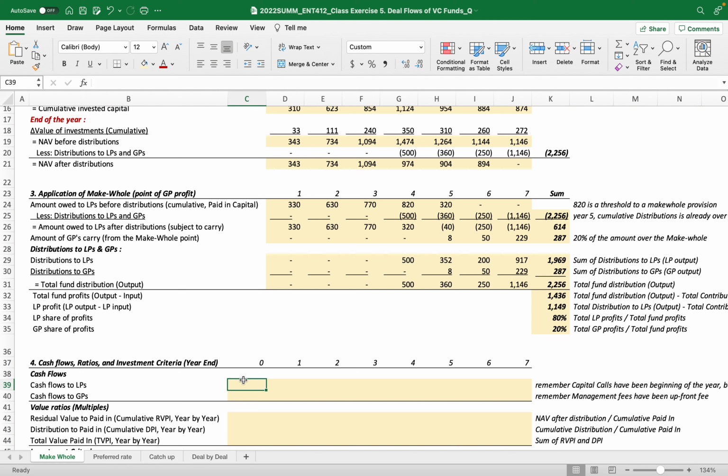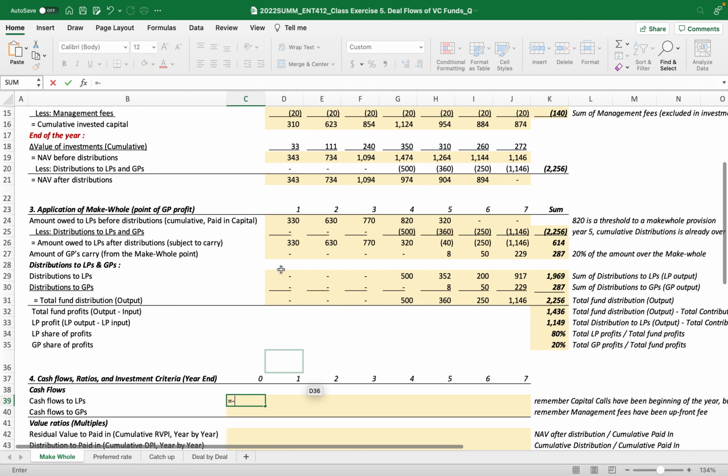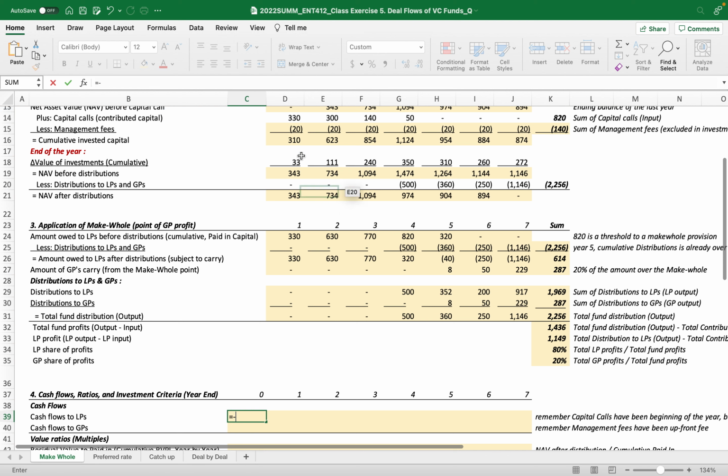So, cash outflow. Now take a look at this as a cash outflow, not inflow or outflow. Here we are going to take the capital calls. Again, this is cash flows to the LP. Where is the cash outflow? Capital calls.